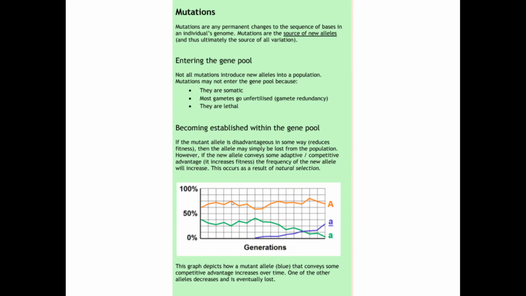And then we have these 2 different alleles here. For example, the orange one, we just have this allele capital A not really changing at all, but the lowercase a here may have been selected against, therefore the numbers are decreasing. And so right at the end, pretty much 0%. There's no alleles, no organisms left. But this mutation actually has an advantage. Therefore, we have a higher increase in the frequency of that allele.